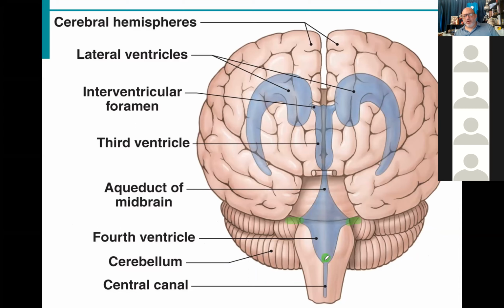Notice they've put a little hole right here to represent that back opening on the midline below the cerebellum, the median aperture, and we can see that passageway down into the spinal cord, our central canal. So this picture shows all of those openings, the 4 exits, and of course the 1 entrance to our fourth ventricle.